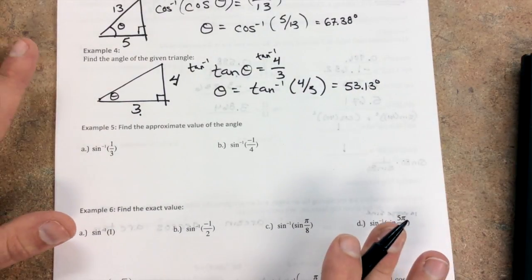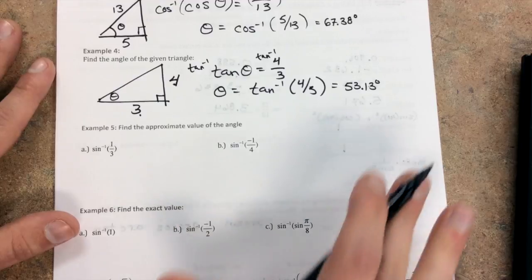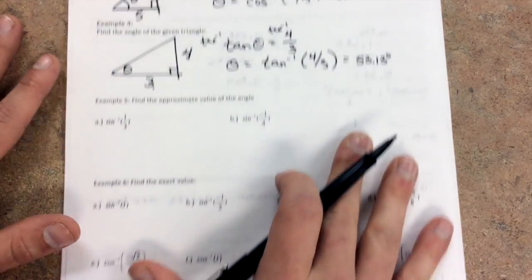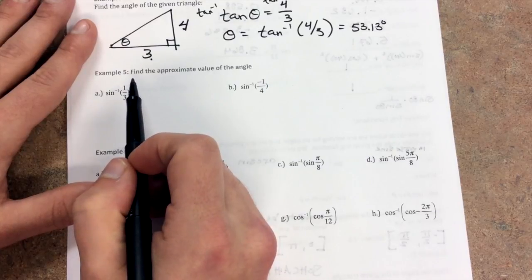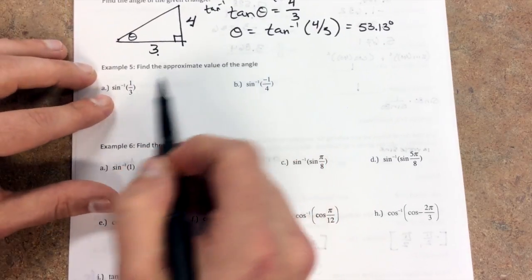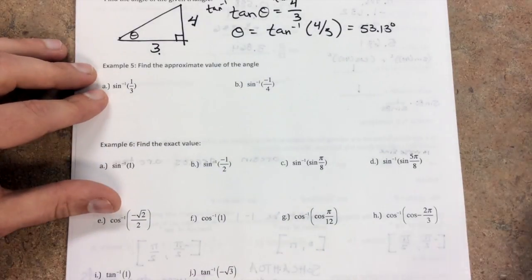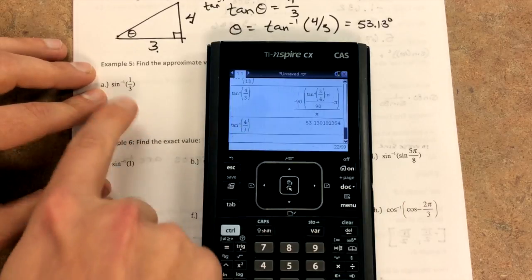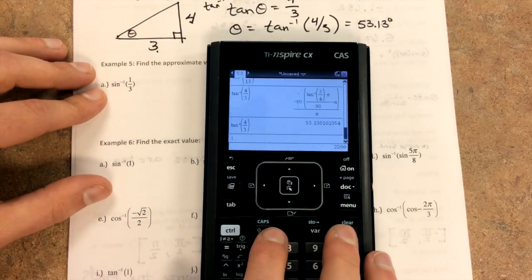So that's using triangles. So what happens if we're saying find the approximate value of an angle? Well, this is just saying type our number into our calculator.